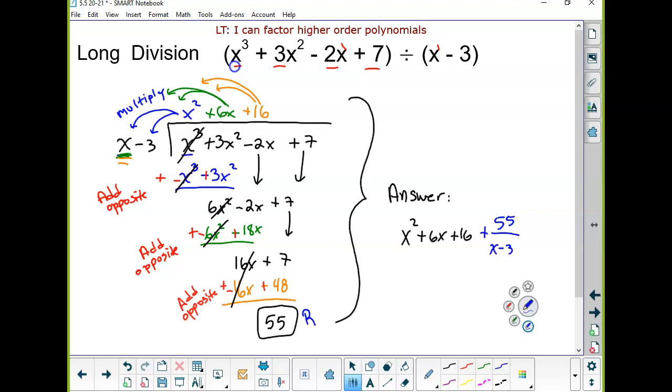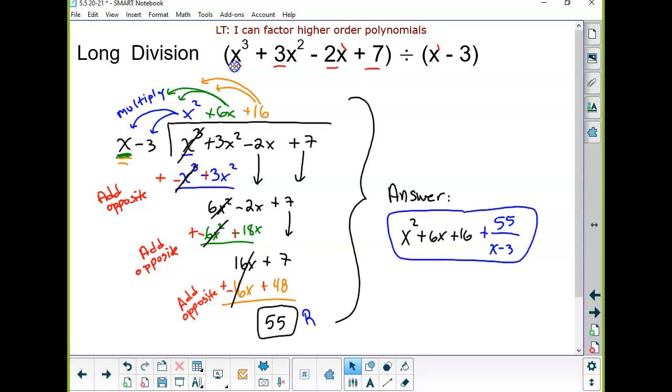We were dividing by x minus 3. And there we go. So notice, my remainder was not 0. Because it was not 0, it tells me that x minus 3 does not perfectly divide into this original function. Okay? If it was 0, that's a really good sign. And we're going to explore that coming up here.